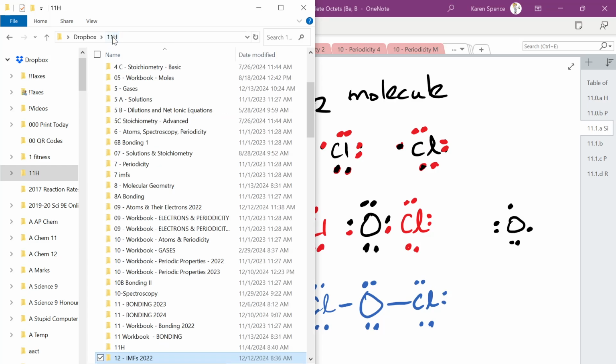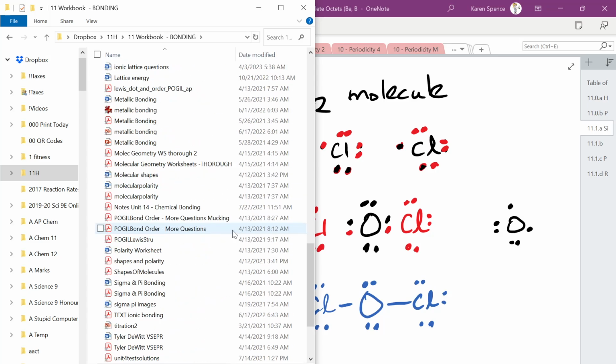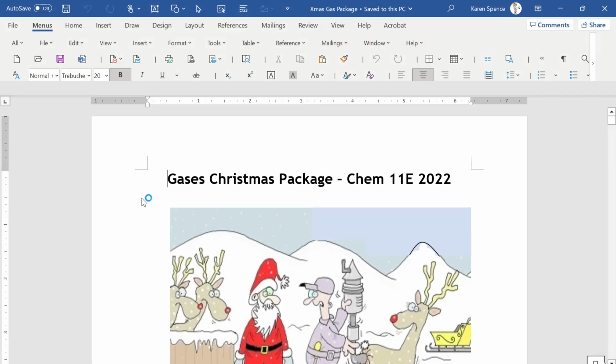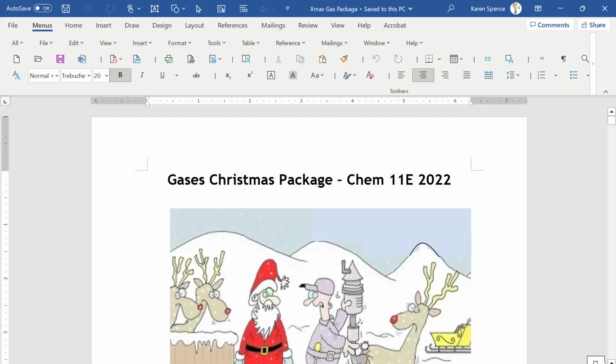Molecular geometry. Where are you? Molecular shapes? Is that it? No. Oh, for goodness sake.